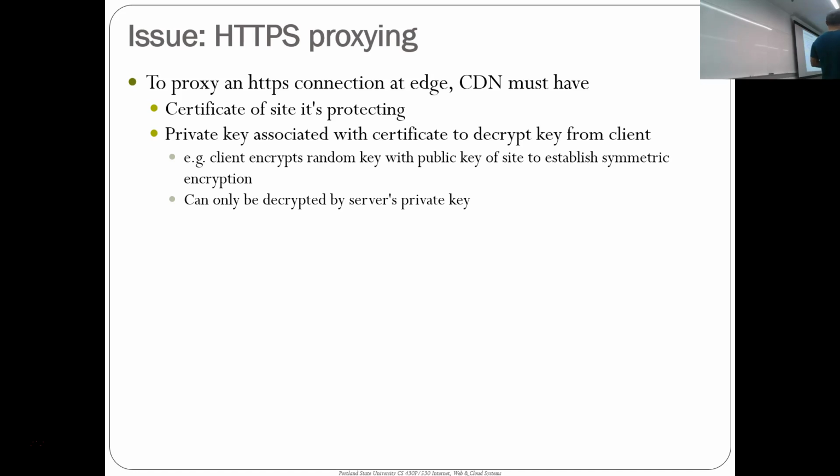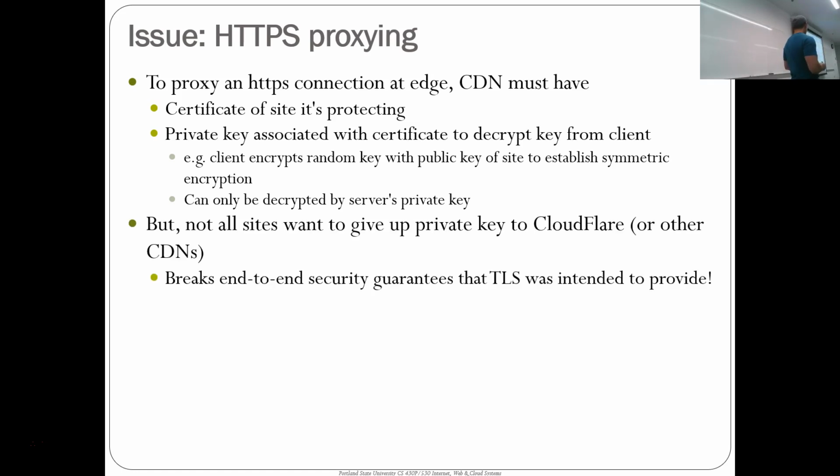Okay, so the issue with this, and this was referred to earlier, is that you have to proxy an HTTPS connection at the edge in order for this to work on those connections. And we talked about HTTPS being end-to-end security. In order for you to proxy that, you need the private key of the web server forward deployed in order to terminate the HTTPS connection. So the private key associated with the certificate has to be used to decrypt the key from the client to do that proxy connection.